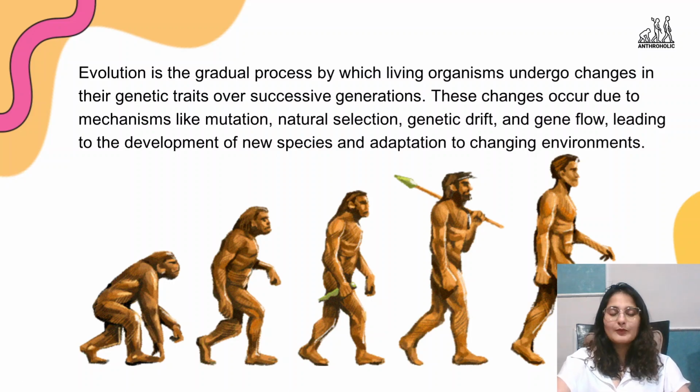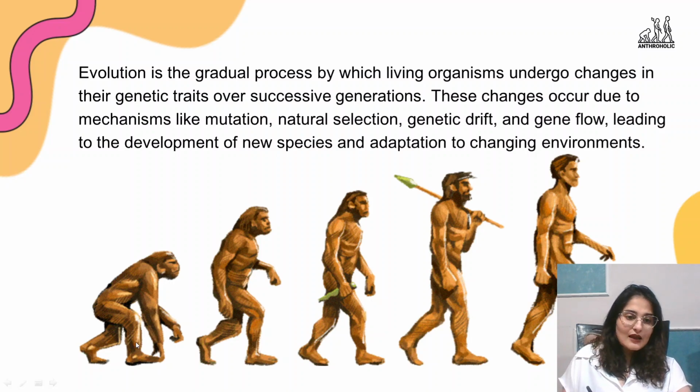So before we begin delving deeper into the topic, we need to first understand what exactly is evolution. Evolution is a gradual process by which living organisms undergo changes in their genetic traits over successive generations.